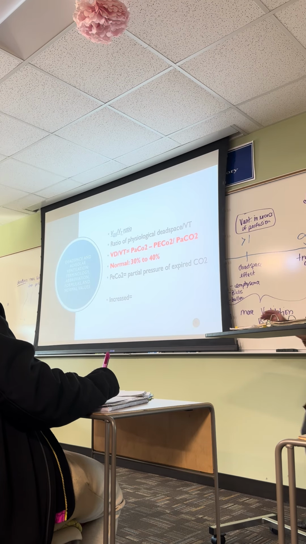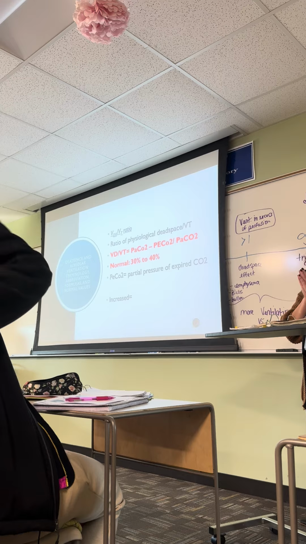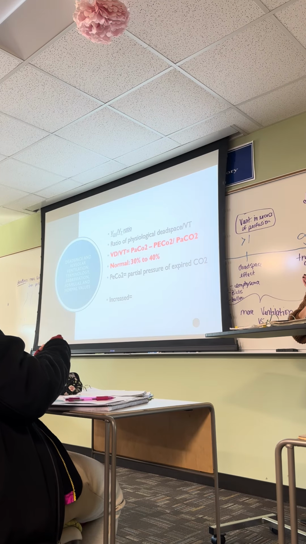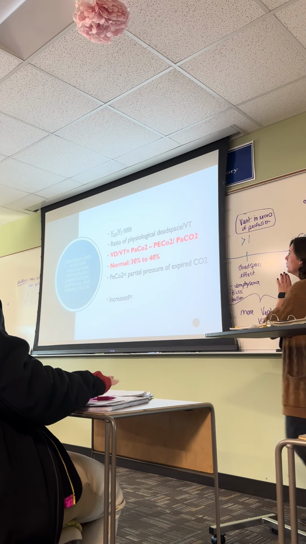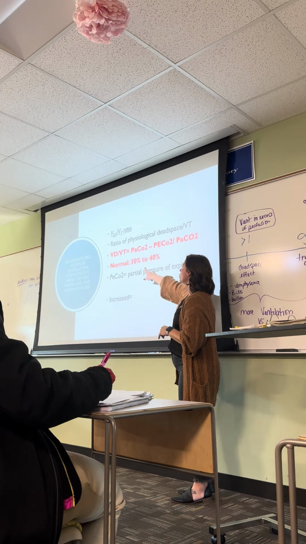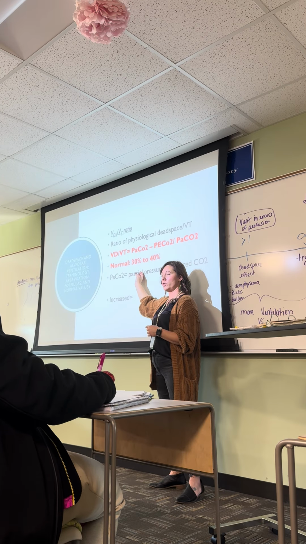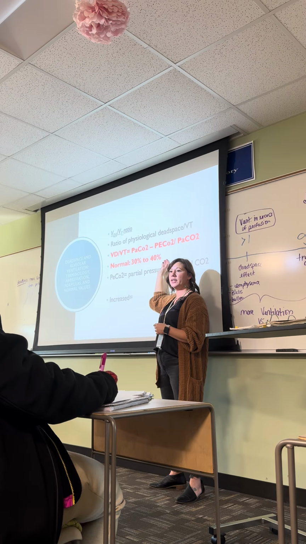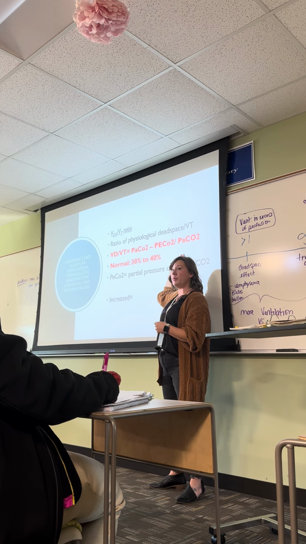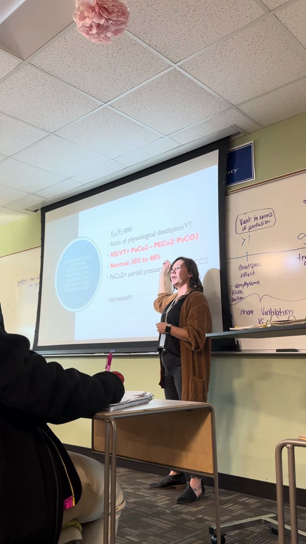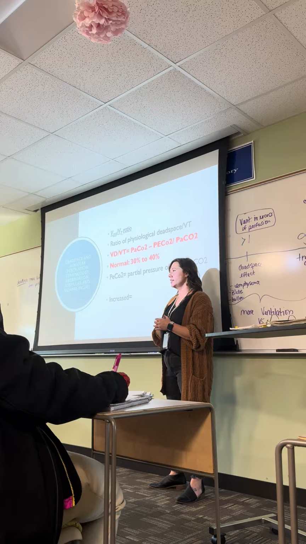If I have an increased VD/VT ratio, it's saying I have increased dead space in the lungs. If this number is greater than our normal, which is 30 to 40%, so if it's 50 or 60, that means we have increased amounts of dead space in the lungs.